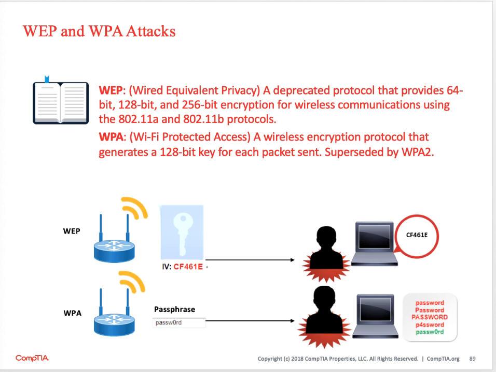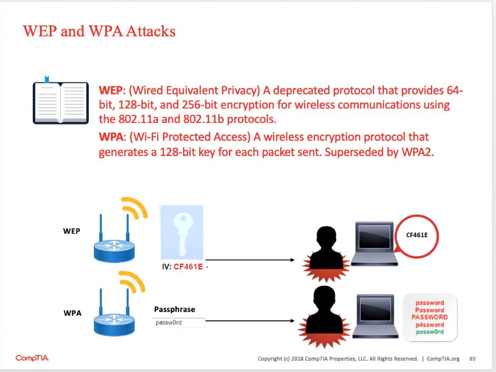With such a small key size, it was extremely vulnerable to initialization vector attacks, and people were able to predict the IV value. Now there's even freely available software that cracks WEP encryption in minutes on standard hardware.